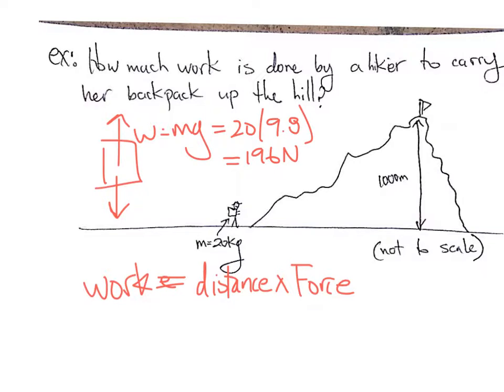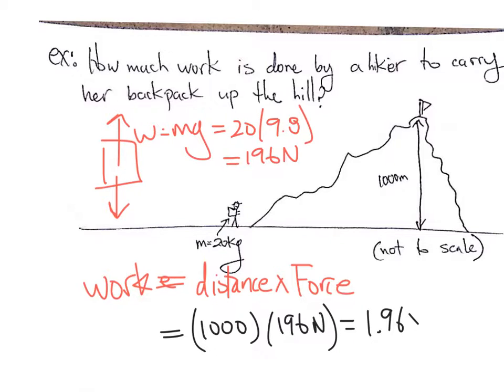And if she's moving the backpack upwards at a constant speed, that's the force she would exert as well. As long as the backpack isn't accelerating upward, the force would not be greater. So the distance is 1,000 meters, and the force exerted is 196 newtons. And so she's going to exert 1.96 times 10 to the 5th joules.